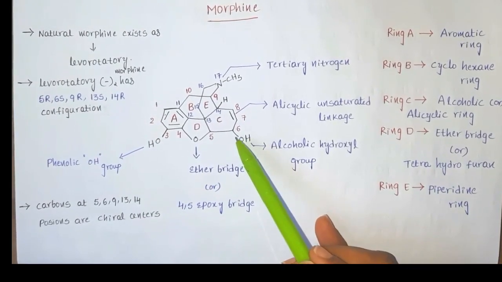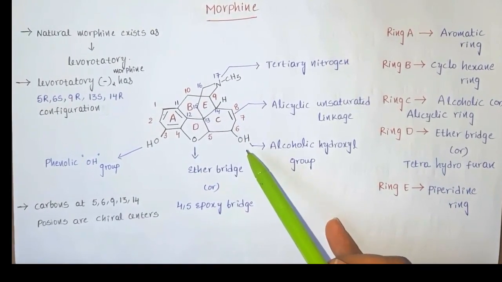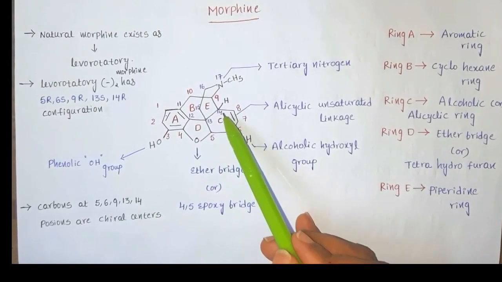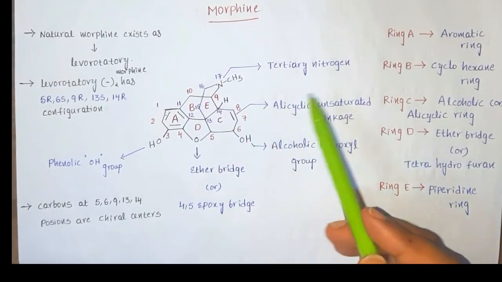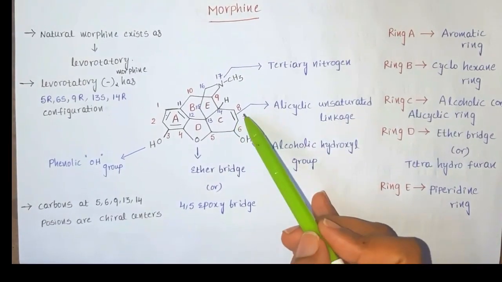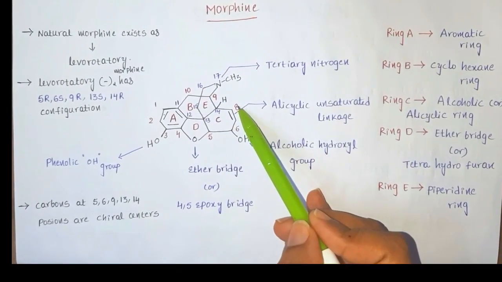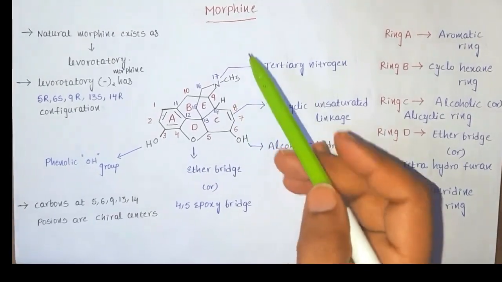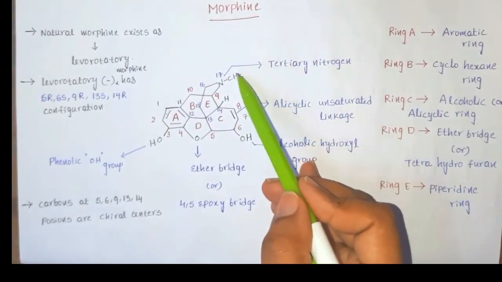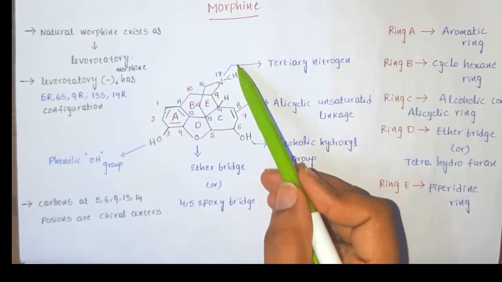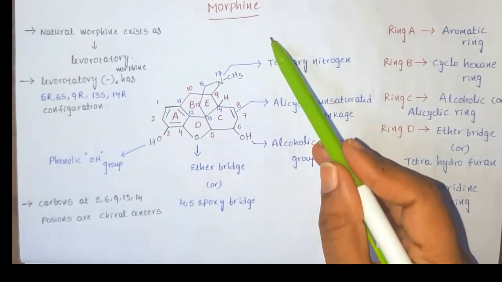This OH is called an alcoholic OH group because it is an alicyclic ring. An unsaturated linkage is present at the 7,8 position. It contains a tertiary nitrogen at the 17th position. This is called morphine.